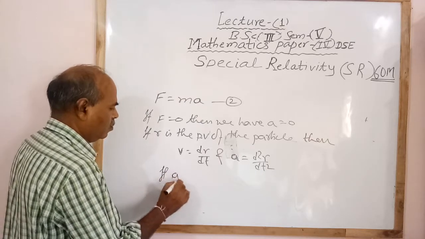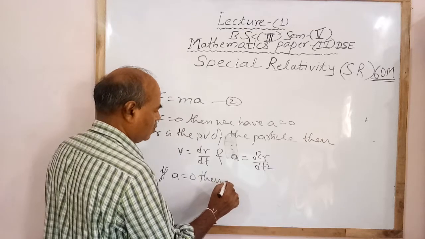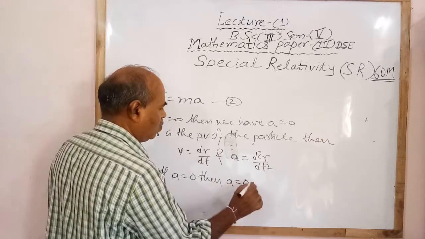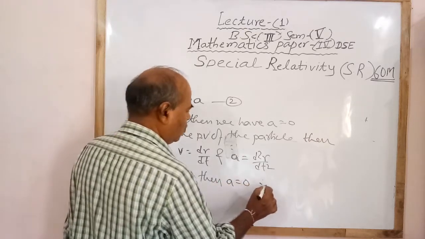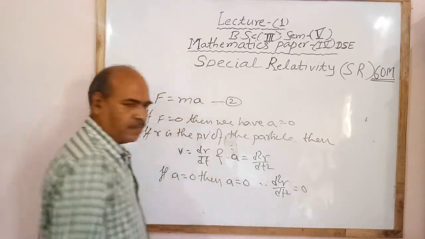Now if a equal to 0, therefore d square r by dt square equal to 0.